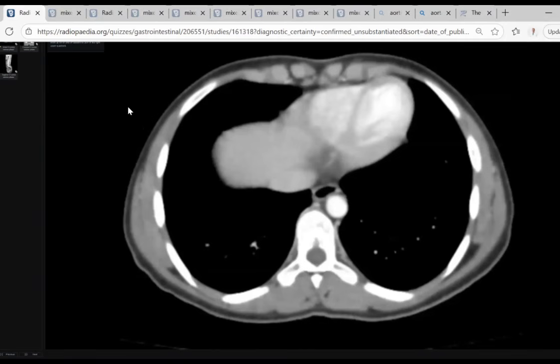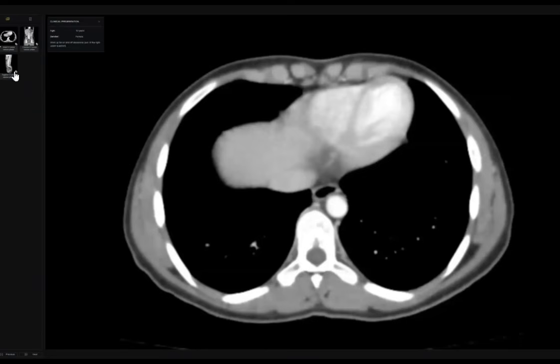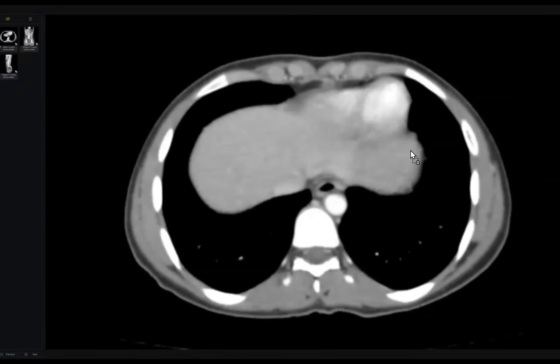Peace be upon you. And upon you peace. Doctor, this is a 10-year-old female patient presented with upper abdominal pain. Sorry, I'm unable to scroll.